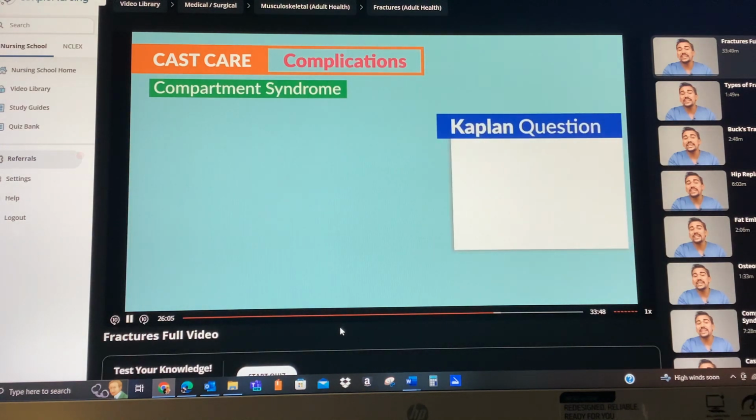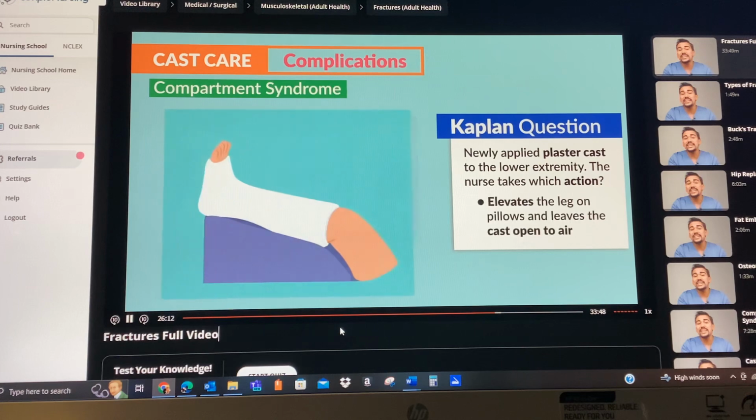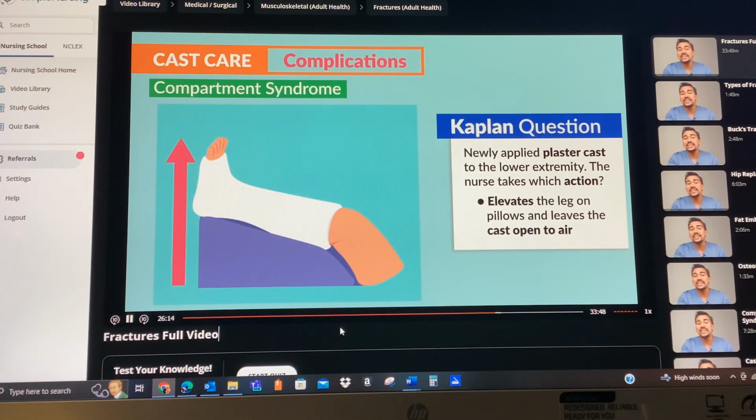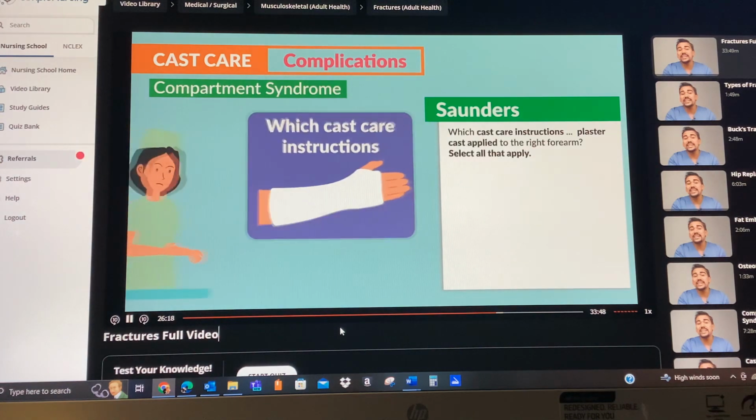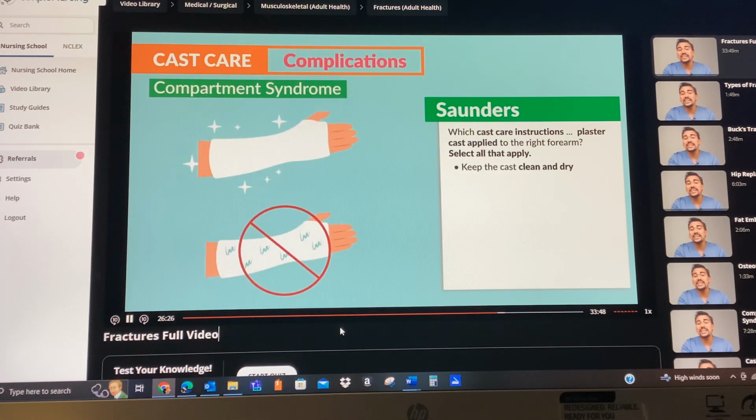So Kaplan mentions a newly applied plaster cast to the lower extremity. The nurse takes which action? Elevates the legs on pillows and leaves the cast open to air. And Saunders mentions which cast care instructions for a plaster cast applied to the right forearm. Select all that apply. Keep the cast clean and dry.